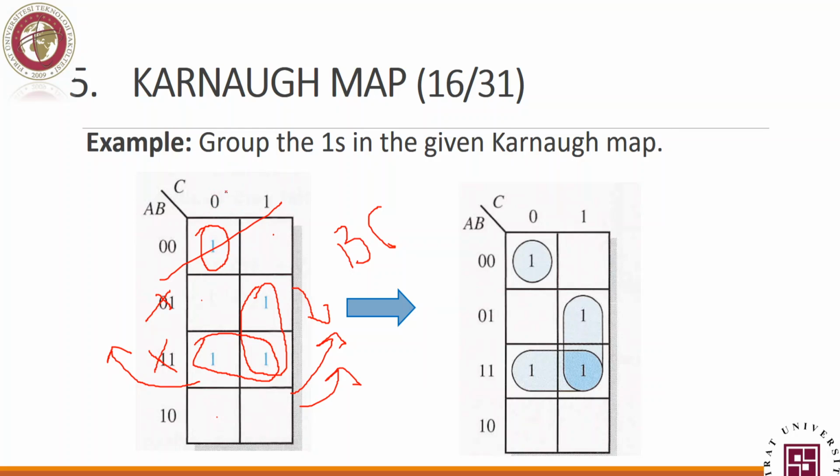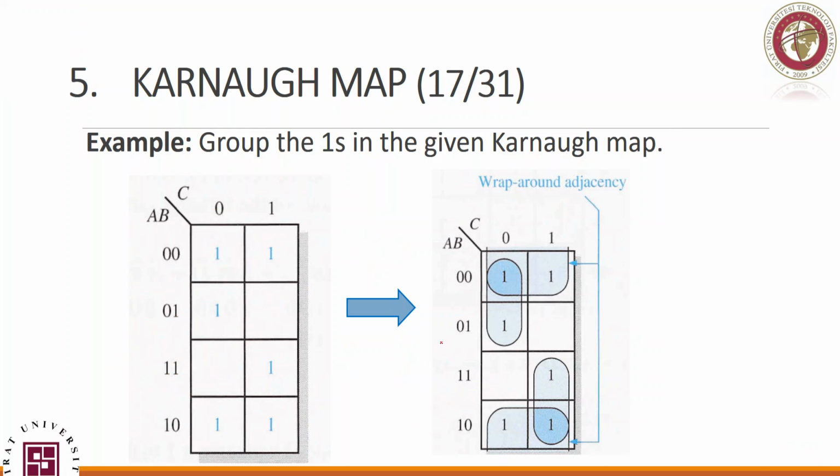C is changeable, will be cancelled. 0, 1, they cancel each other. So what will be remained? Then A, B. Don't worry, we will take more examples, so it will be easier for you to understand. Let's just understand now how we can group.